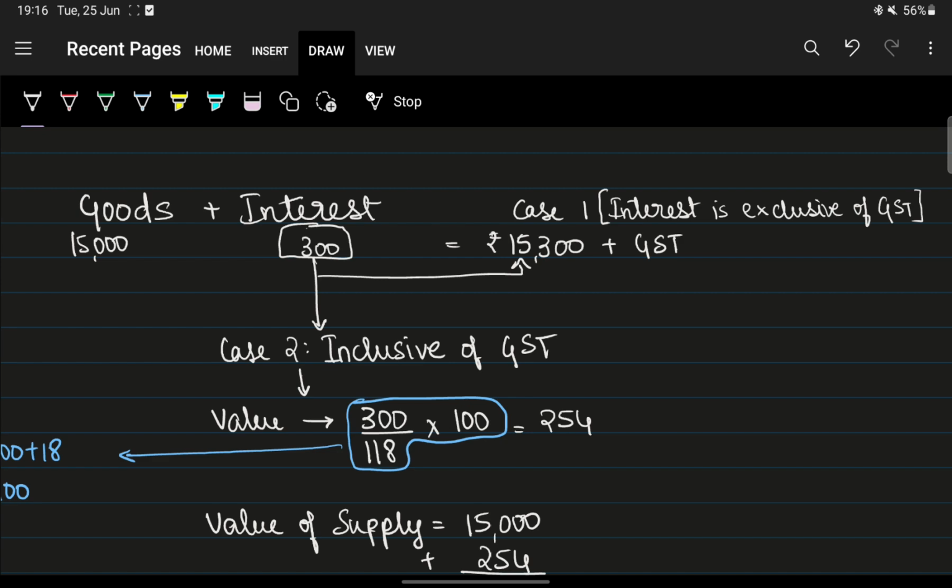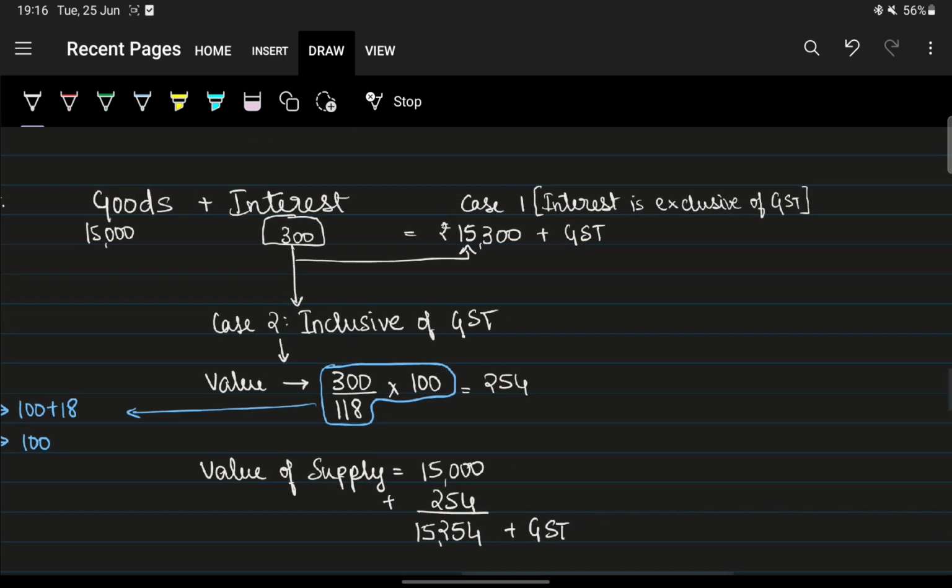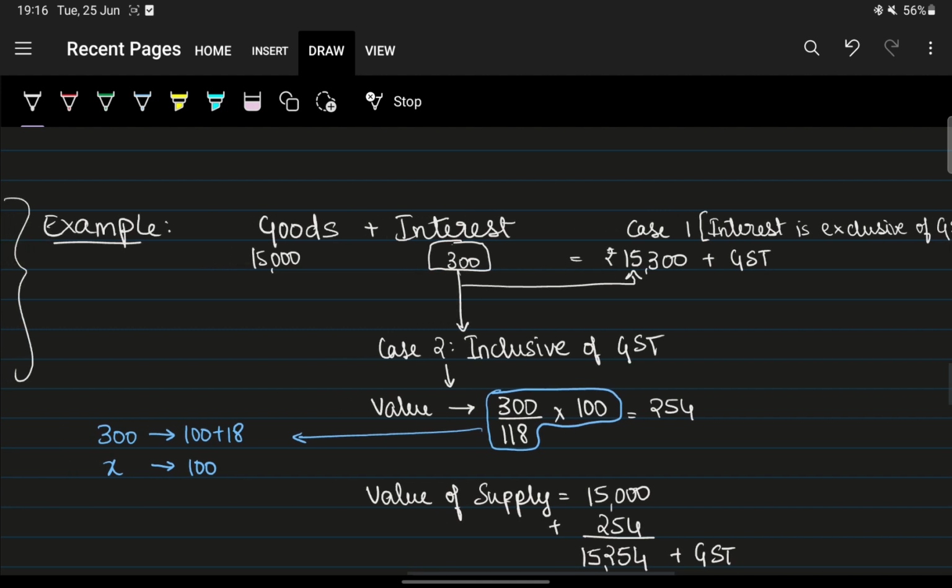Next, we'll see a case over here. Here there are goods worth 15,000. We have to add these goods because of section 15 subsection 1. And for this interest, there are two cases.